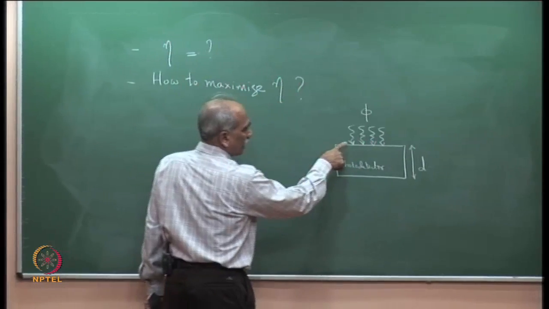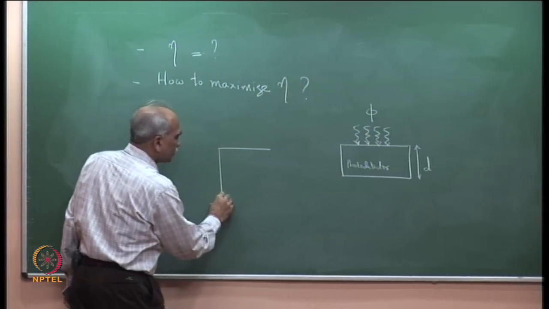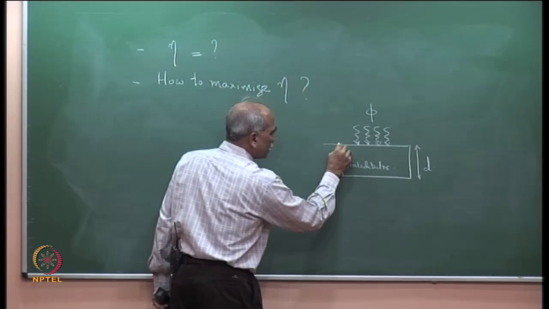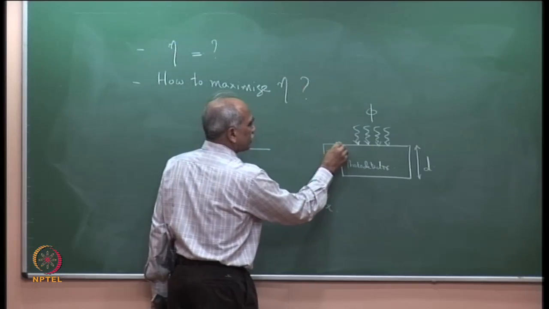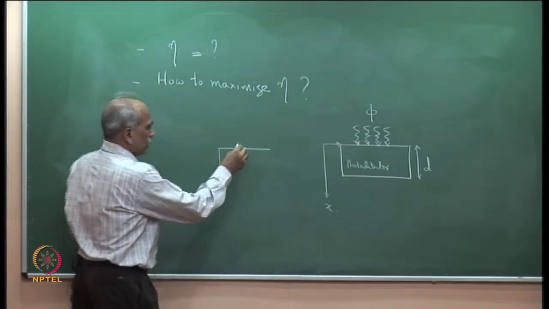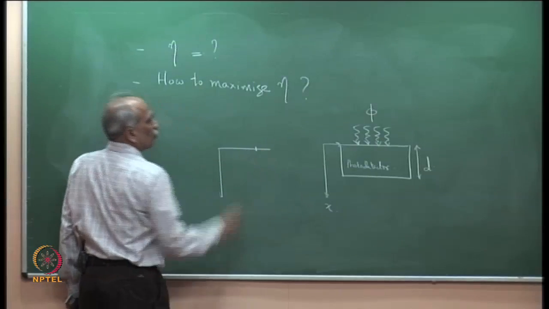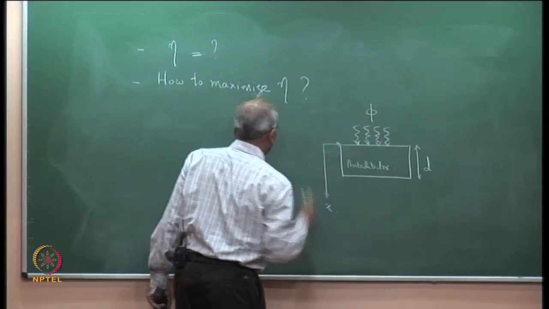Now, if you see this as the depth direction, this is the surface and this is the depth. Let me call this x, the depth direction. Phi is the photon flux incident.